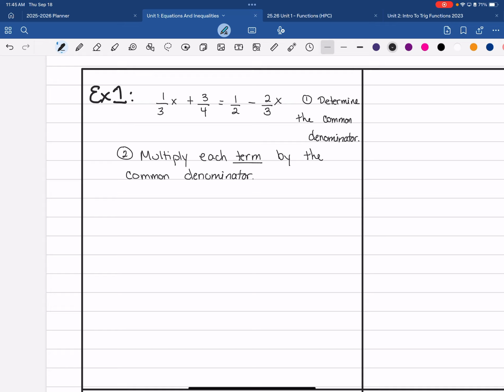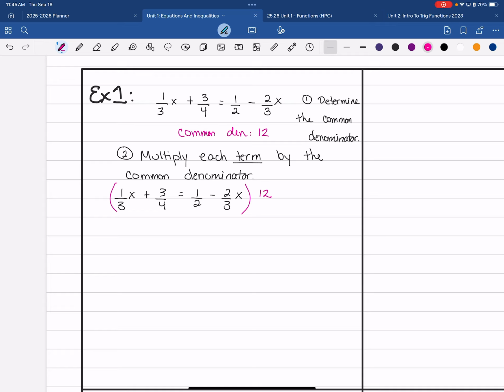So I'm going to take this equation and multiply the entire equation by 12 because the common denominator that we got was 12.